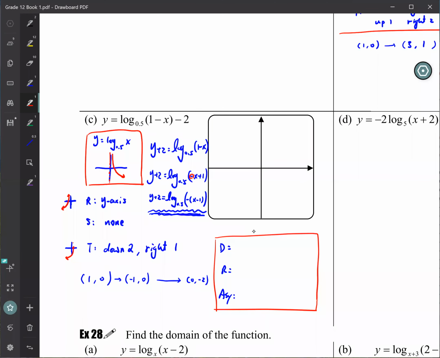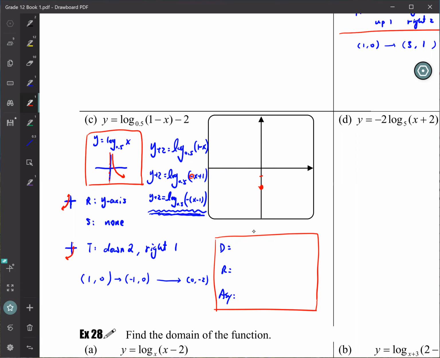Okay, I'll draw the point, okay? 0, -2. Okay, let's check the location for the asymptote line. So what's the equation of the asymptote?